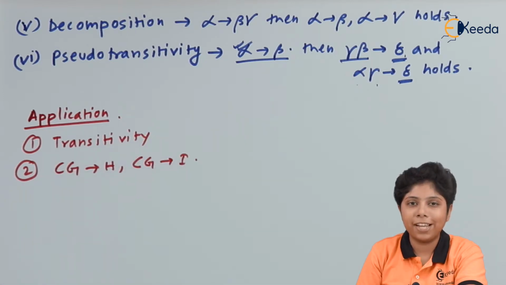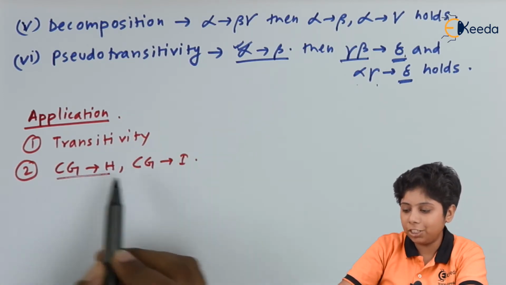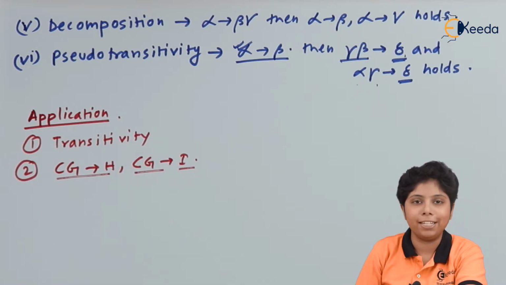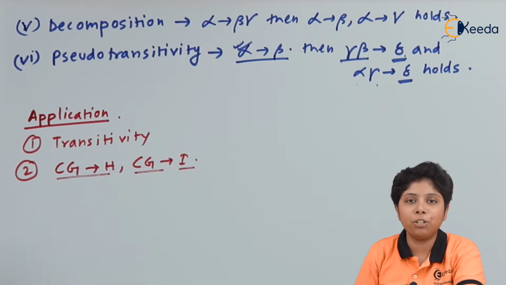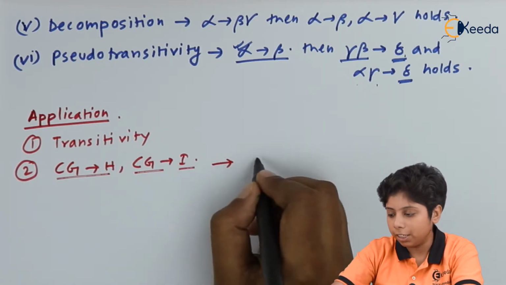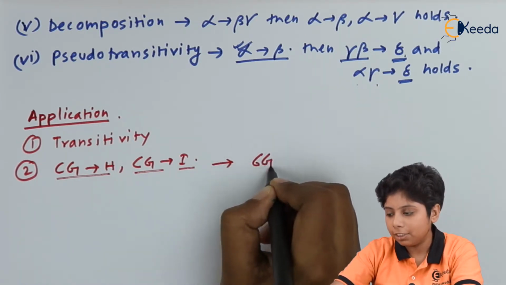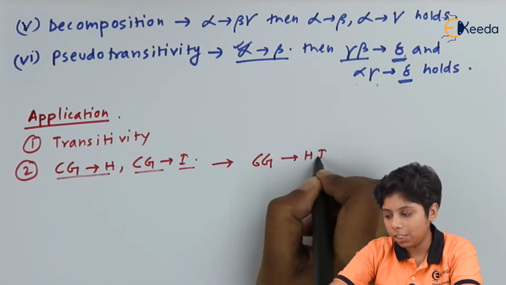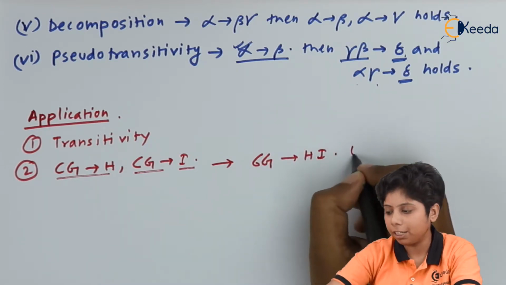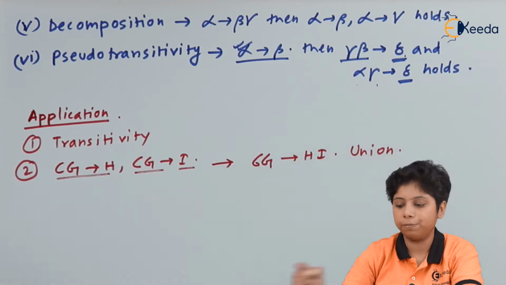In our example we had CG defines H and CG defines I. So we can put the union axiom here and generate in our closure that CG defines HI as an application of the union rule.